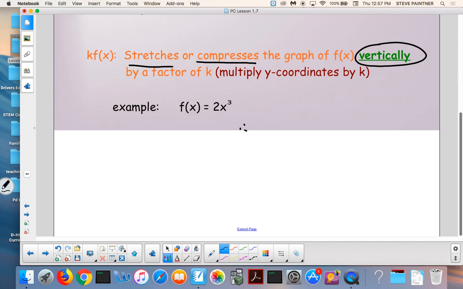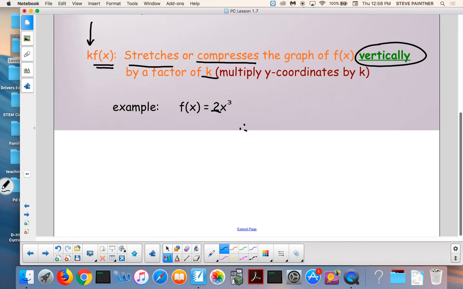Okay, so what happens is you take your parent right here, and you put a number in front. What's the number? Well, yeah, it's 2. But here it's just K. So you will stretch or compress vertically by a factor of K. Whatever that number is, you will multiply your y coordinates by K. All right, your K in your case is 2.